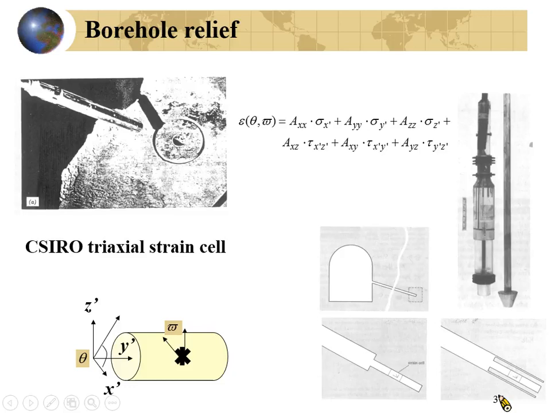Okay? So you will have the local coordinate system, sigma x prime, sigma y prime, sigma z prime, tau x prime z prime, tau x prime y prime, tau y prime z prime. You will have 6 variables to be determined. Okay? So you can have 9 measurements, and you will have only 6 variables.